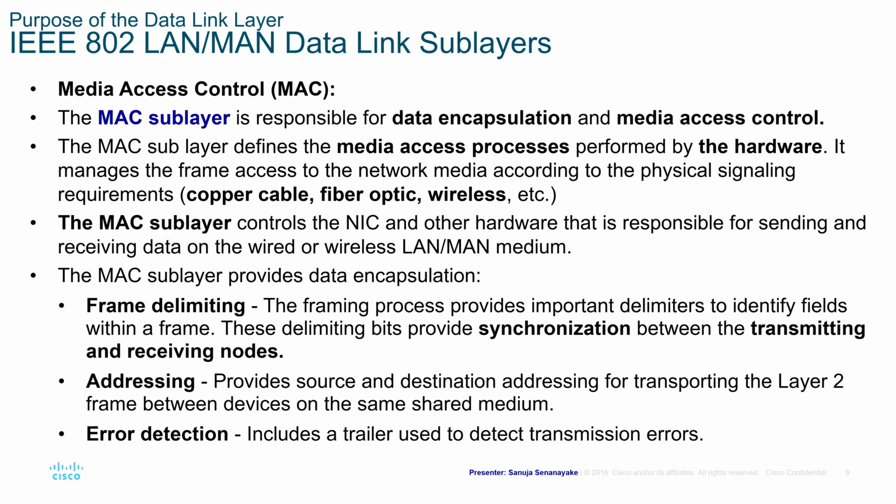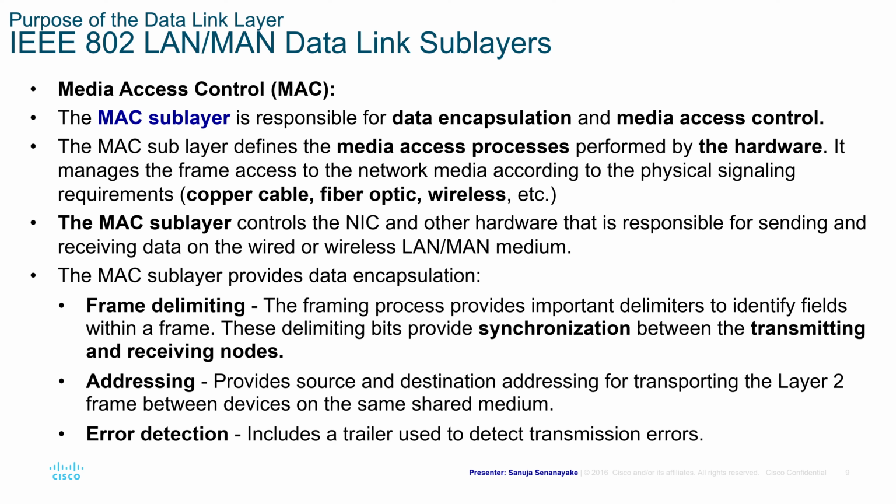The MAC sublayer provides data encapsulation for frame delimiting. The frame delimiting process provides important delimiters to identify fields within a frame. These delimiting bits provide synchronization between the transmitting and receiving nodes. It also provides addressing.